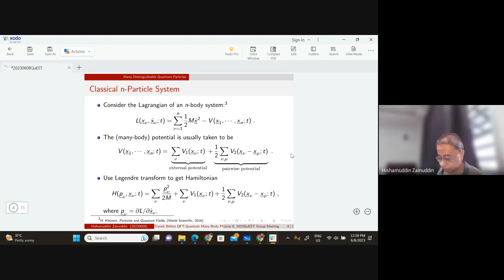Section 2.5 of Klein's book talks about second quantization, where you take any particular operator and rewrite it in terms of the creation and annihilation operators.